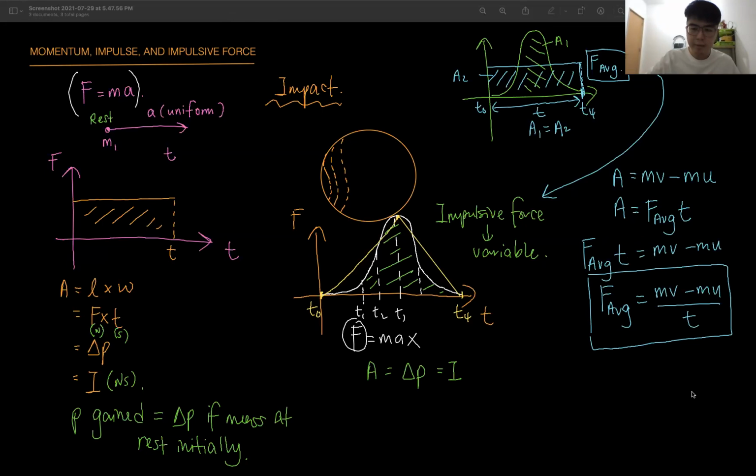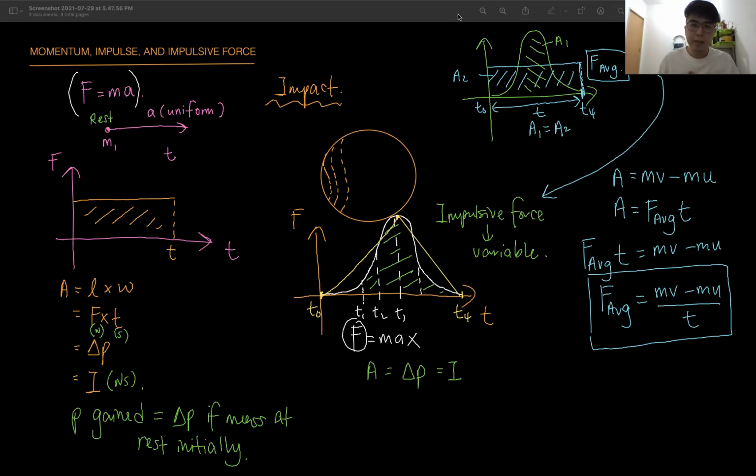What is this T again? It is the time duration where the force acts. Remember the ball, when I touch the surface, it starts to deform. It starts there, T0, deforms and travels, and until my foot leaves the ball, the T ends there. That is the time of impact.